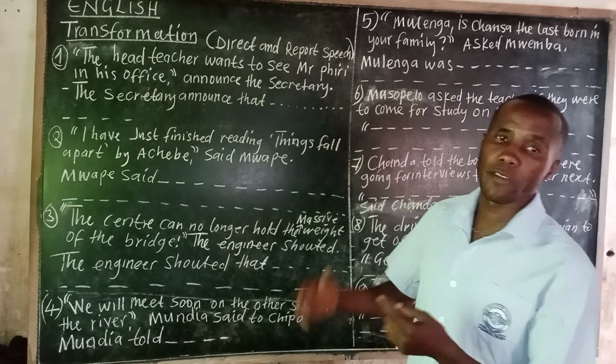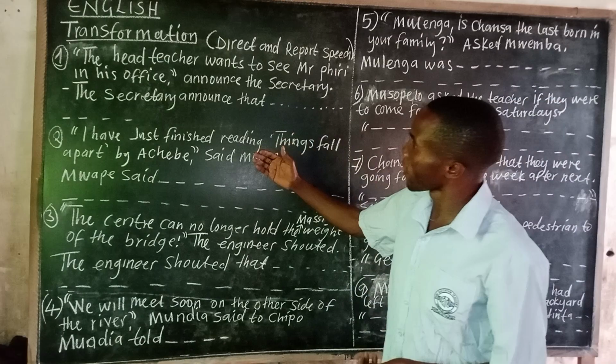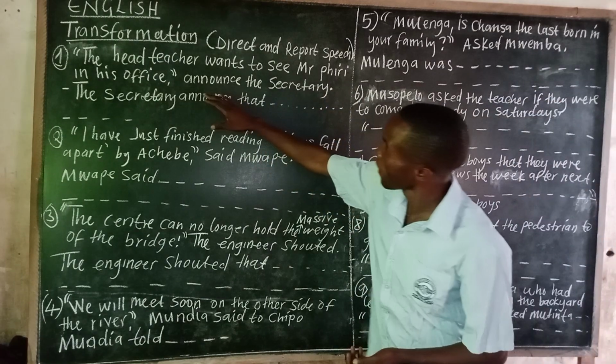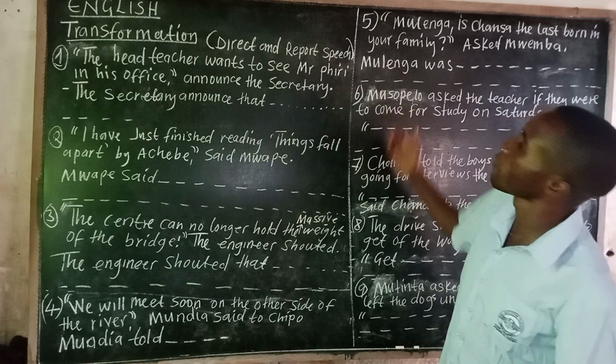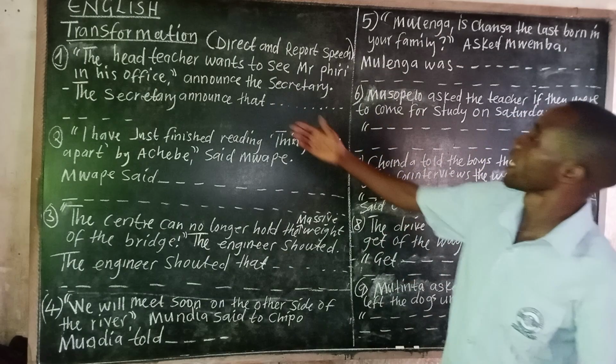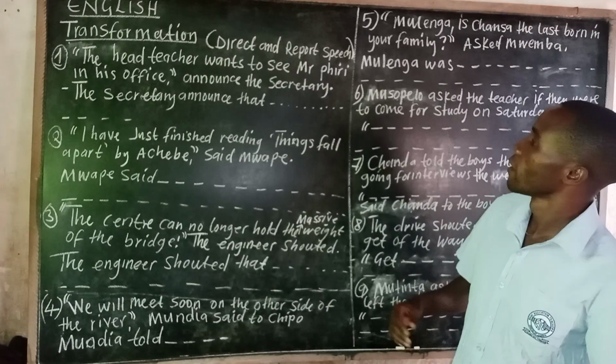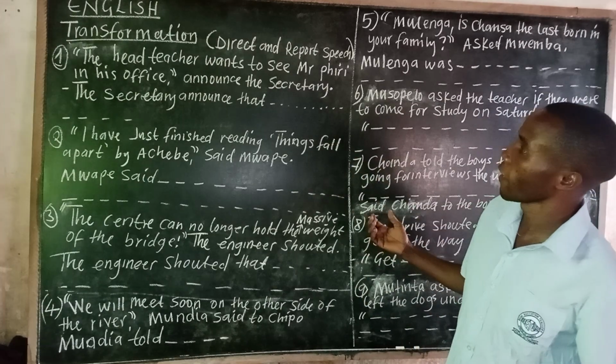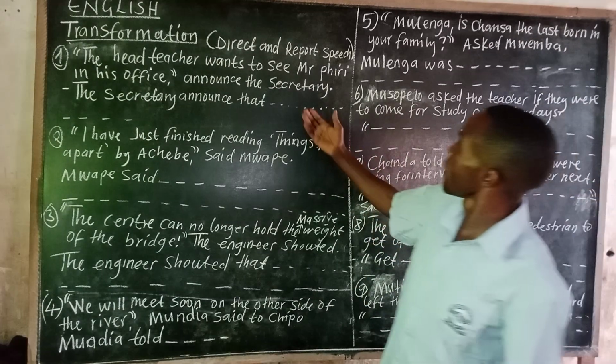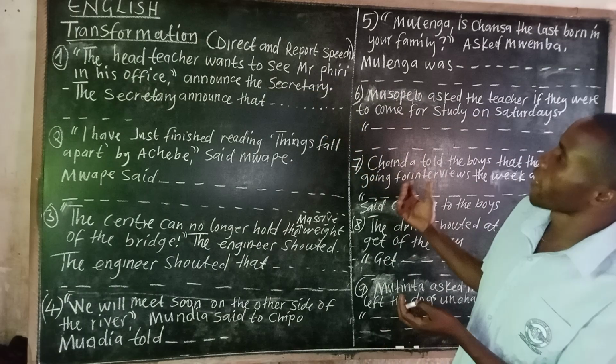So you are now reporting. The direct sentence says the head teacher wants to see Mr. Pili in his office, announced the secretary. Now it's you to report to your colleague what the head teacher actually wants.